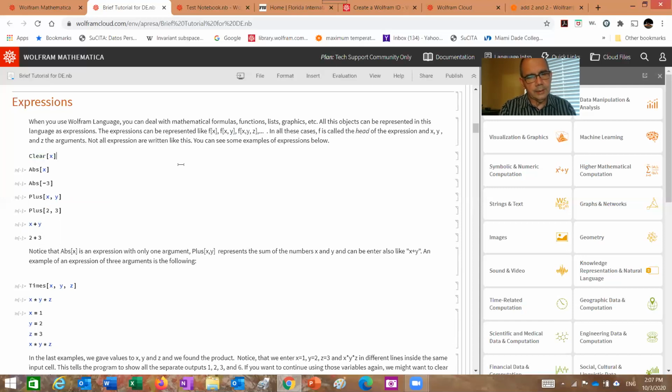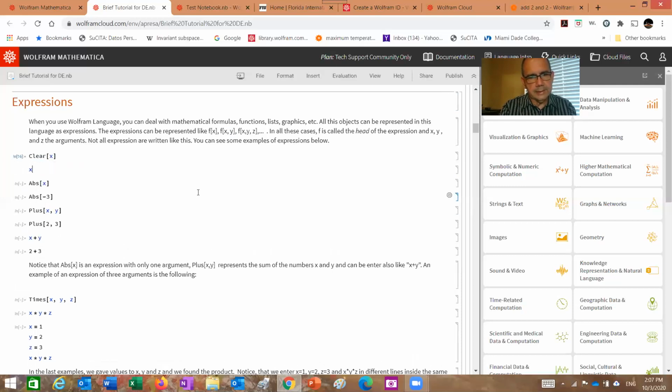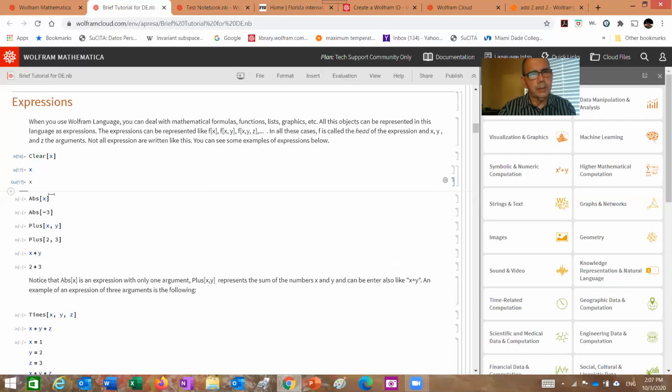So when I enter Clear x, this is another example of an expression: the head is Clear, and the only argument here is the x. It clears any value of the x. And then we have this. Now, if you enter x by itself and you press Shift Enter, it returns x. This tells you that x doesn't have any value.